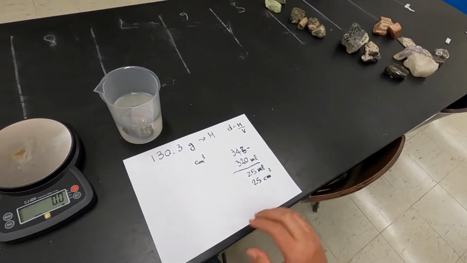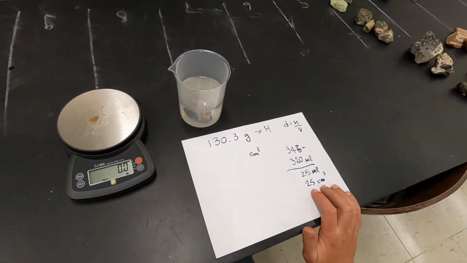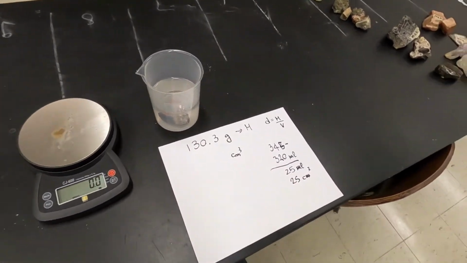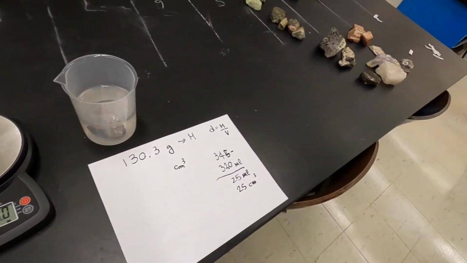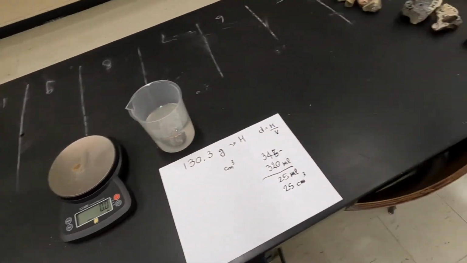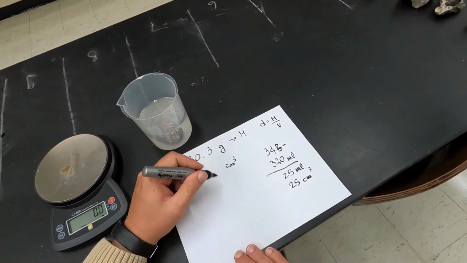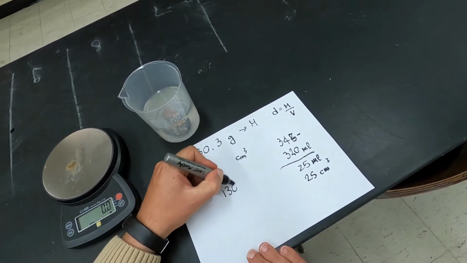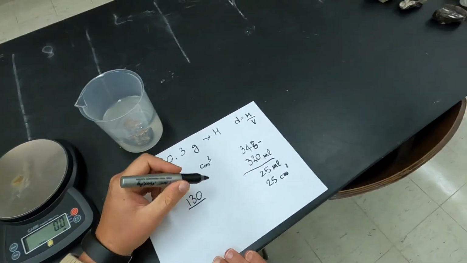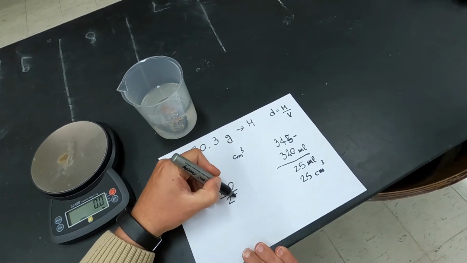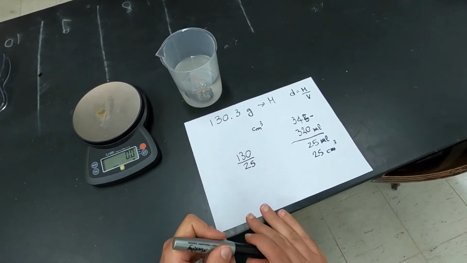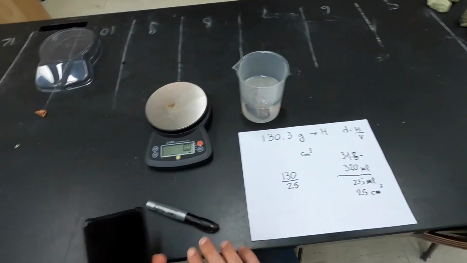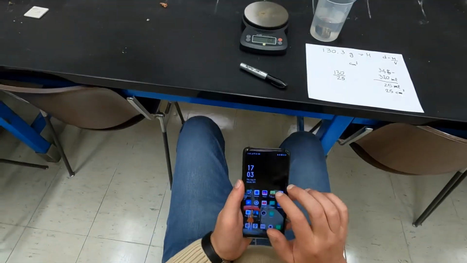So if we have a volume here and also a weight in grams, we should be able to determine the density by simply rounding this off and doing 130 divided by 25. If I have a calculator, I can calculate that very quickly.